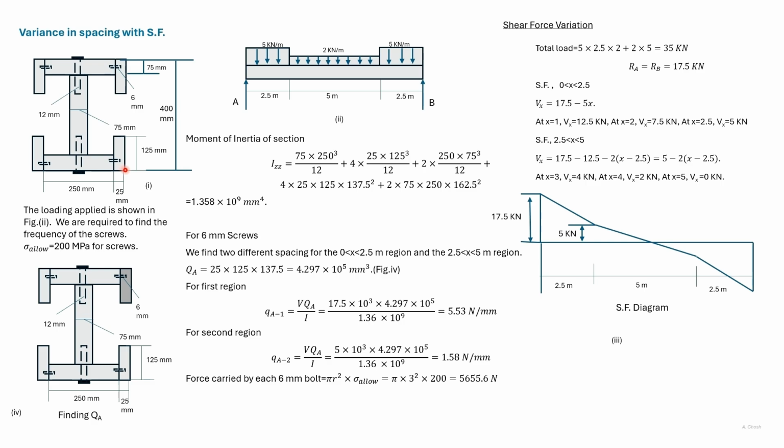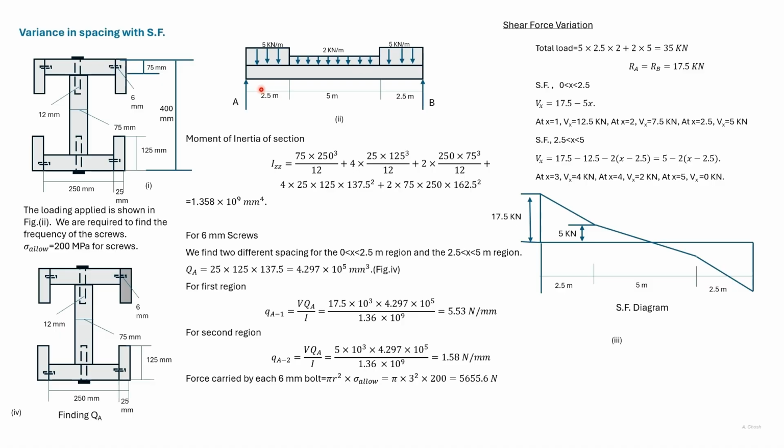Here we have a built-up section with smaller screws on the sides and larger screws in the middle. The dimensions and the diameter of the screws are given. With the allowable stress and the loading in the beam known, we are asked to find the spacing of the screws.